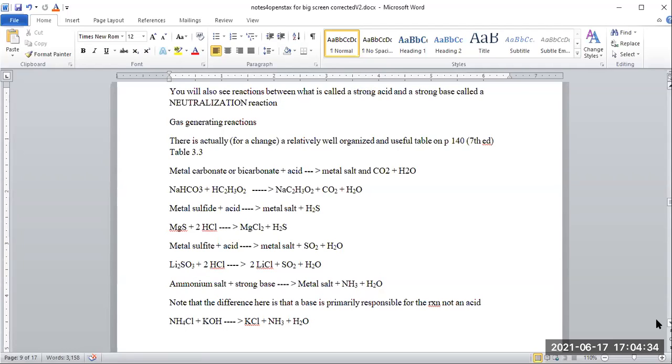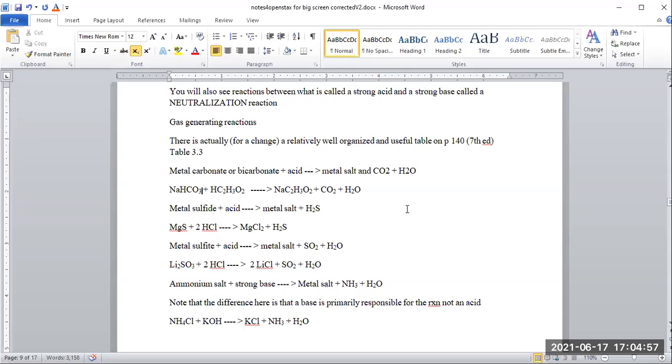If you take a metal carbonate or a bicarbonate and you add an acid to it, let me change my subscript here. So I picked on sodium bicarbonate.